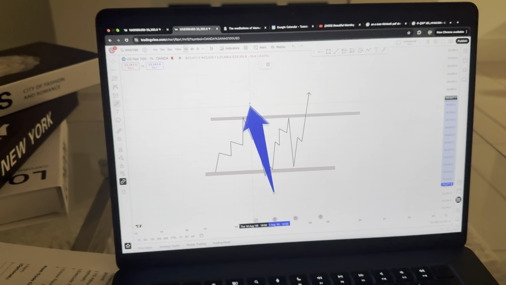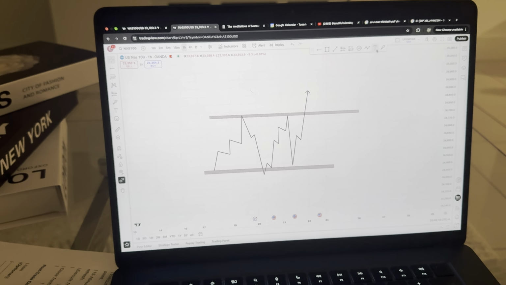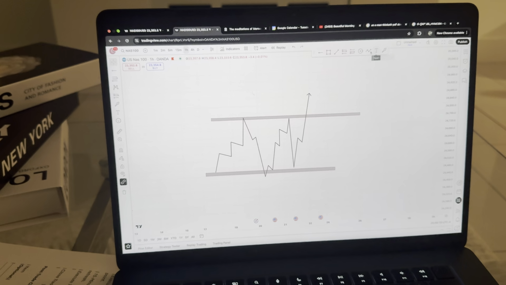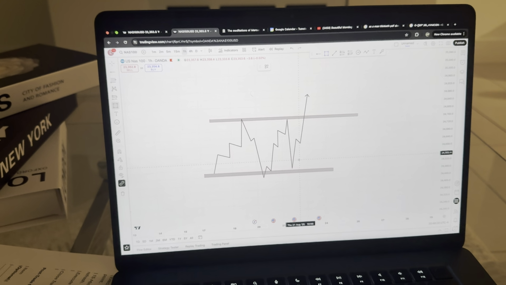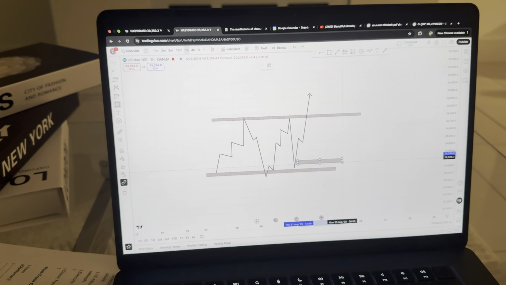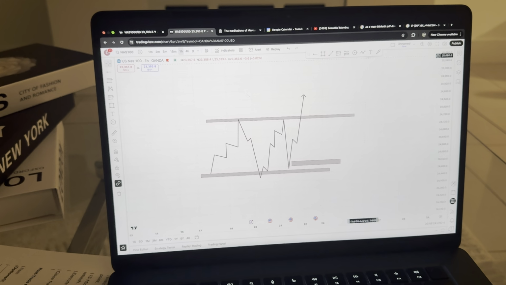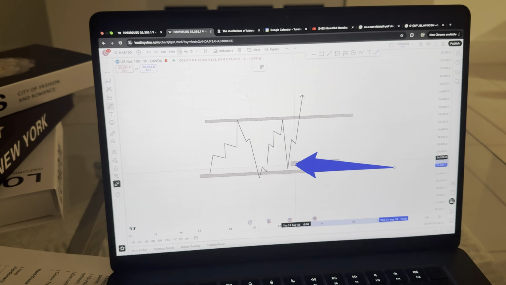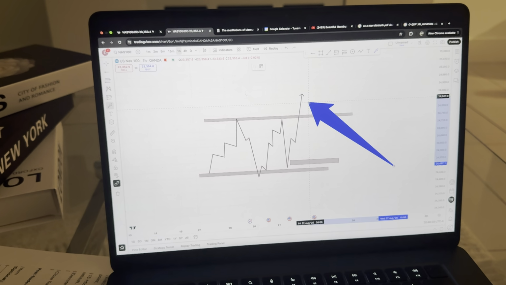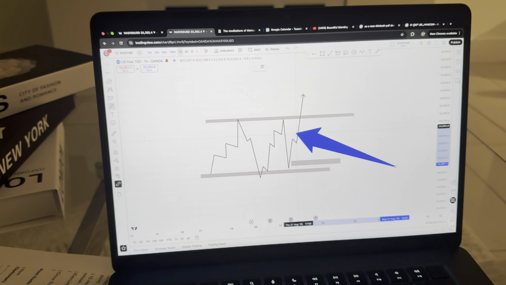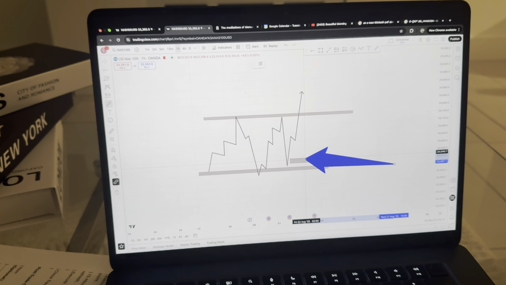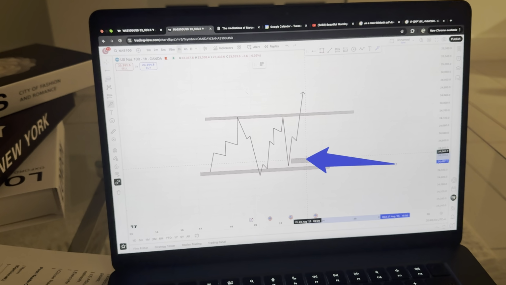So now what do you do? If the market does this, you should be waiting for your entry at this last area, not exactly at the order block, but at the last area before the market made the move to break up. This is where the market started from. So you should be waiting for an entry at this area to go to the upside.